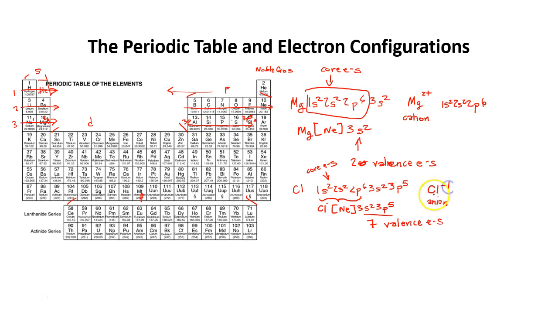It turns out that this chlorine gained 1 electron to become chloride. And so the electron configuration would be 1s2, 2s2, 2p6, 3s2, 3p6. All right.